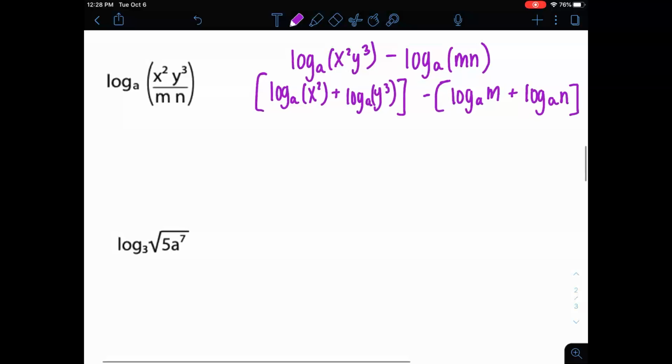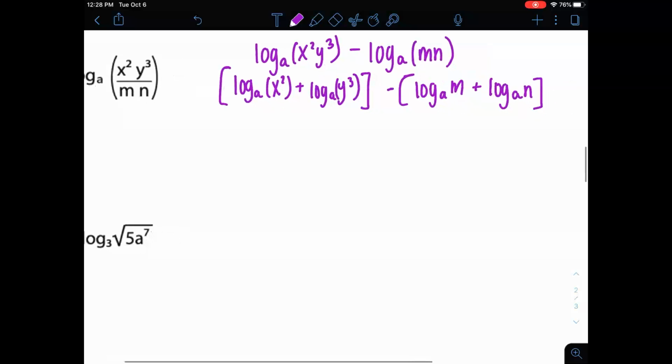Now the next thing I can do here is look at these powers. Let me rewrite this a tiny bit simpler: log base A of x squared plus log base A of y cubed minus. Now, here's the thing. You can do this one of two ways.